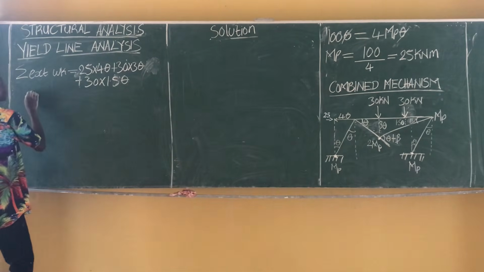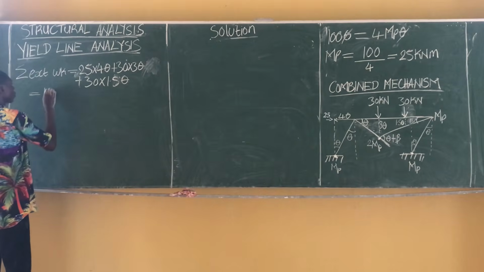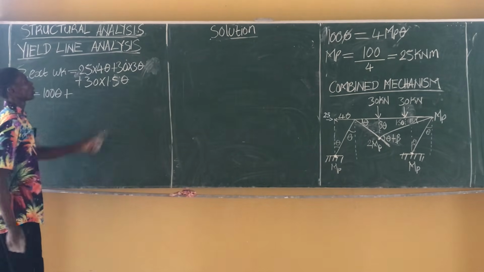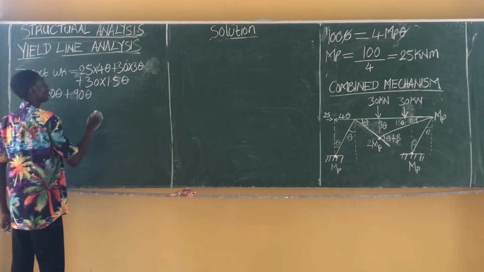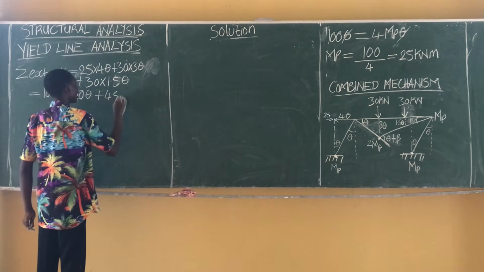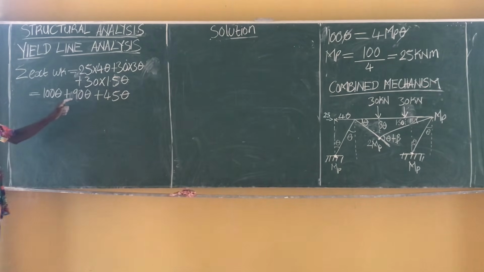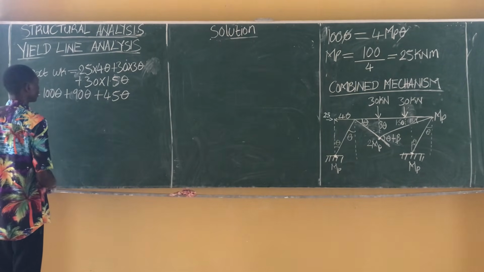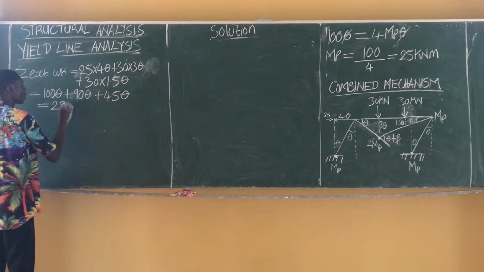Hence, this is equal to 25 times 4 is 100 theta, plus 30 times 3, 90 theta, plus 30 times 1.5, 45 theta. So 100 plus 90, 190, plus 45, 235. So this is equal to 235 theta.